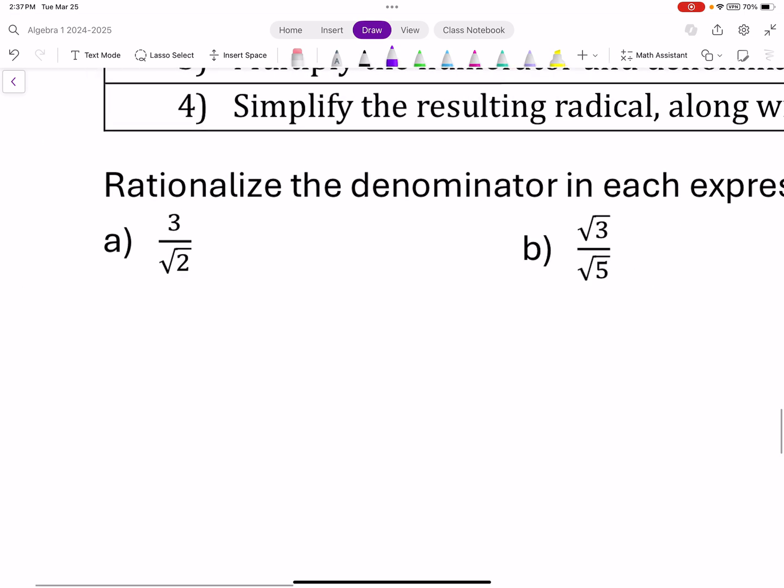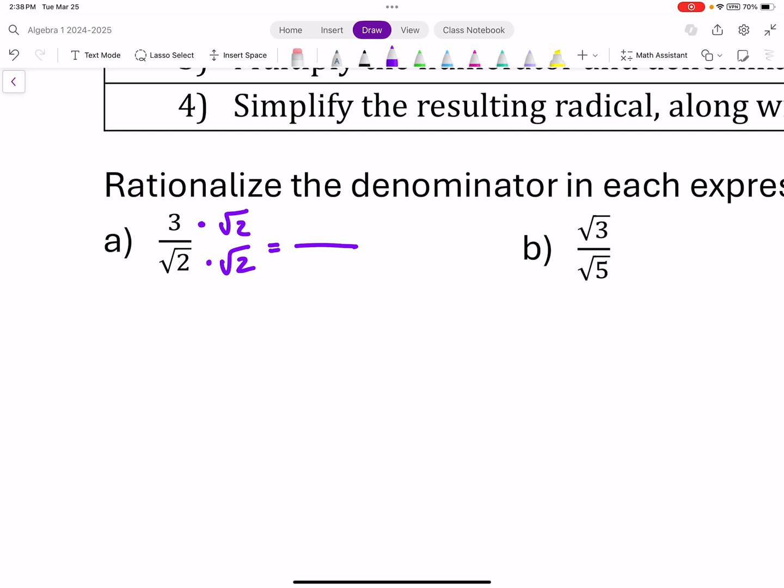So looking at letter A, neither of these are perfect squares. I can't reduce because they're not in the same location. So I'm going to go ahead and multiply both by the radical that's in the bottom. Okay, now think back to the last section. You're going to take outside times outside, keep outside, inside times inside, keep inside.